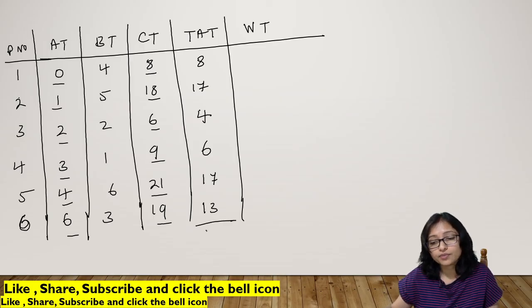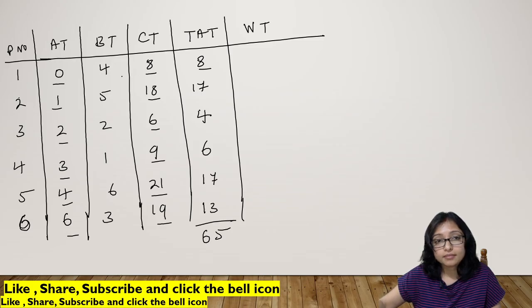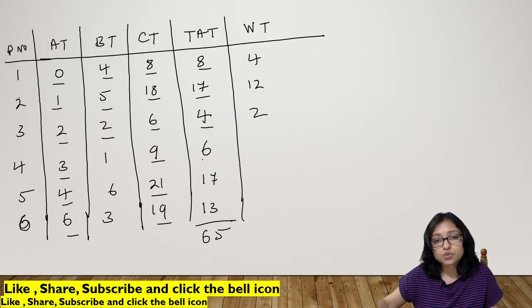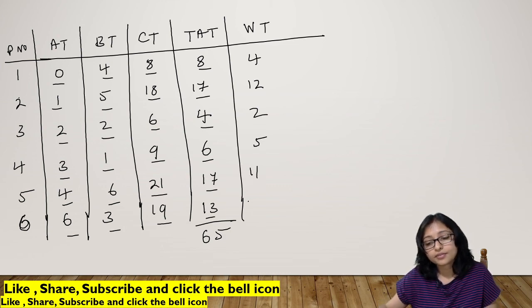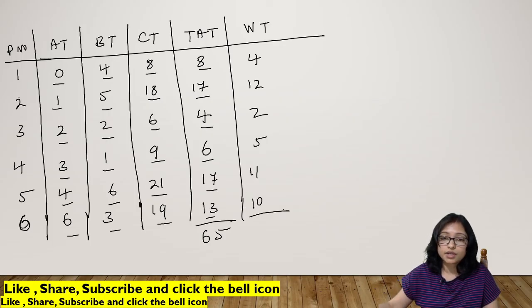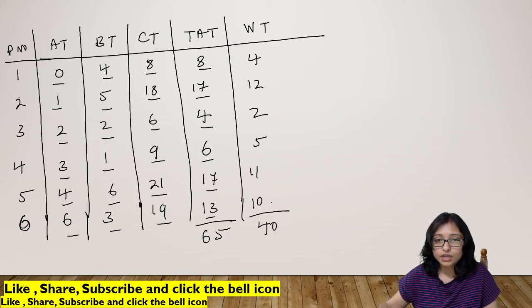So here the total will be 65. And waiting time is turnaround time minus burst time: 8 minus 4, that is 4, 17 minus 5 is 12, 4 minus 2 is 2, 6 minus 1 is 5, 17 minus 6 is 11, 13 minus 3 is 10. So that is your turnaround time, and the waiting time total will be 44.